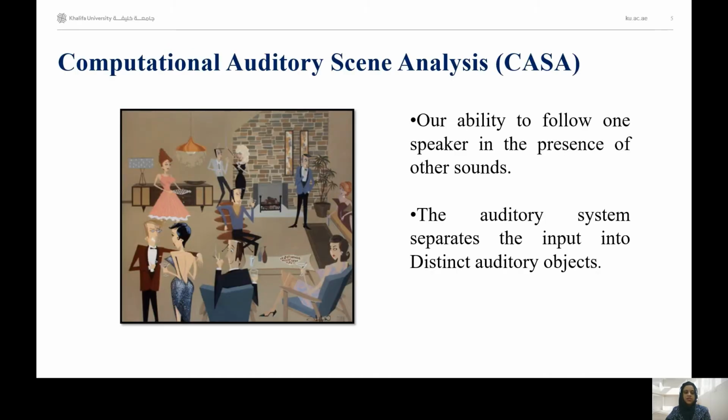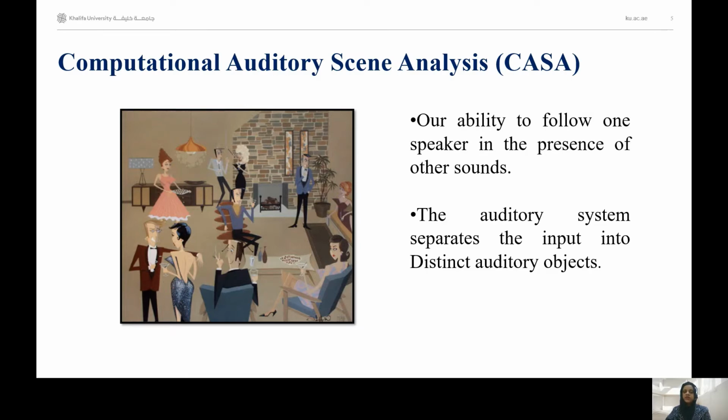Computational auditory scene analysis. Auditory scene analysis is the term referring to the ability of the human auditory system to segregate the dominant speech signal from other interfering signals, our ability to follow one speaker in the presence of other sounds.